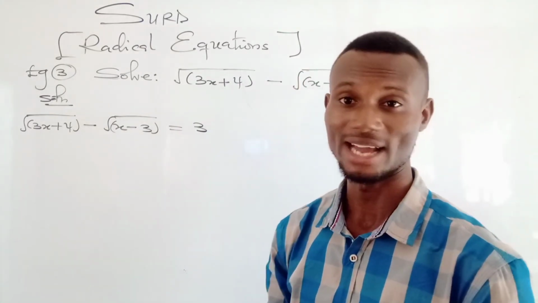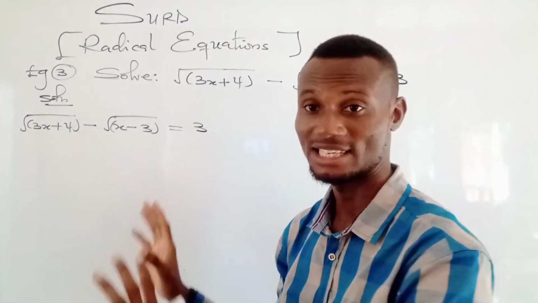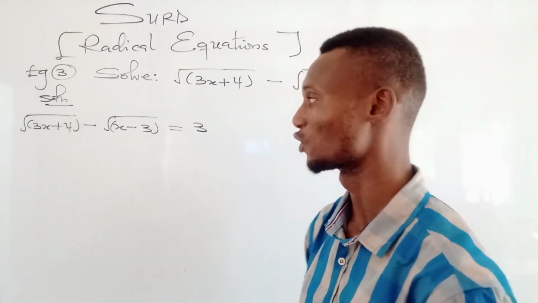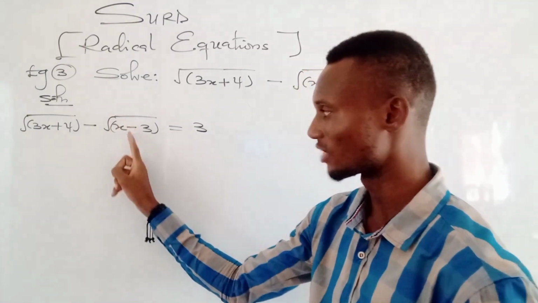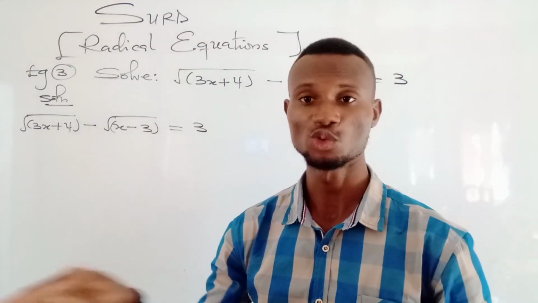That notwithstanding, whilst it is of this form and you square both sides straight away, you get the same answer. So take note of that. I just prefer that we move this negative root s minus 3 to come and join the 3 here before we square both sides.